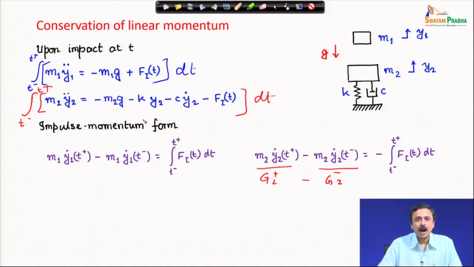Similarly, the velocity: the mass m2 was, let us say, at rest with 0 velocity, and it will hardly have the time to gain velocity and contribute to any change in linear momentum. Therefore, these terms m2g, k y2 and c y2 dot will not contribute to the change in momentum of mass 2, it is only the impulsive force which contributes.